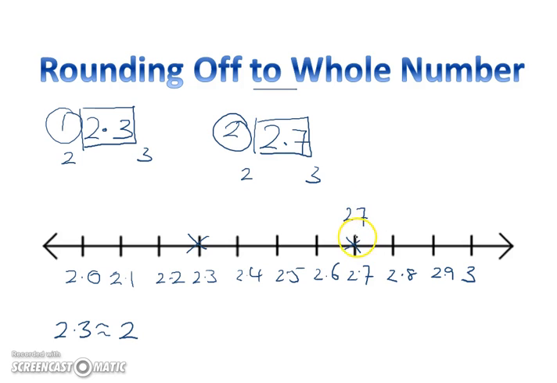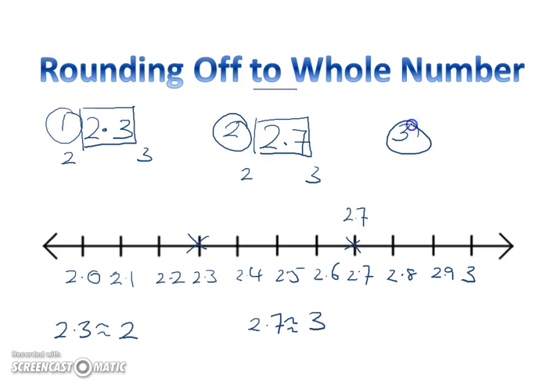Then you can have a clearer picture. Is it nearest to 3 or is it nearest to 2? Yes, most of you can see it's so much nearer to 3 than to 2. So in conclusion, 2.7 when rounded off to the nearest whole number is 3.